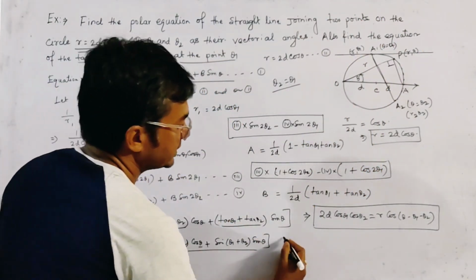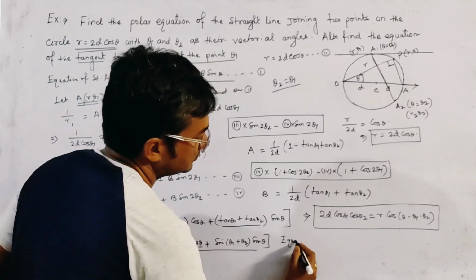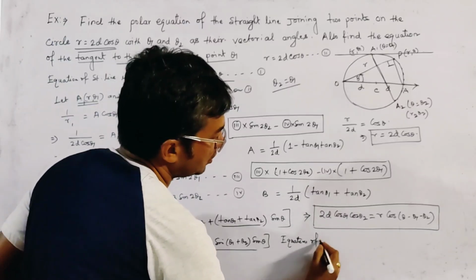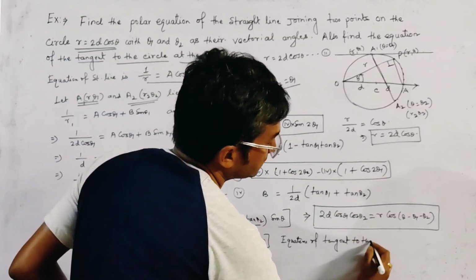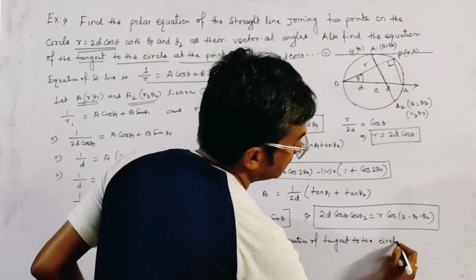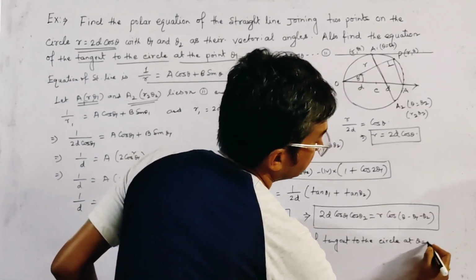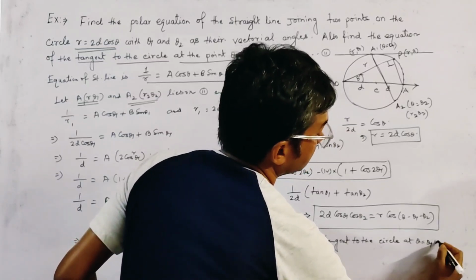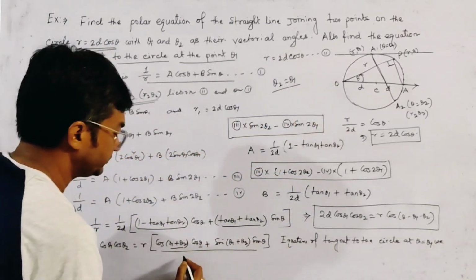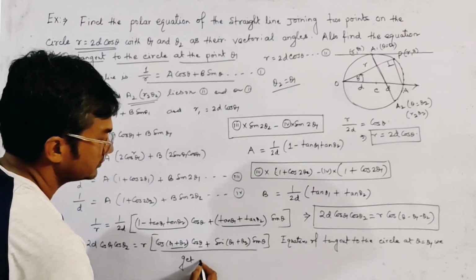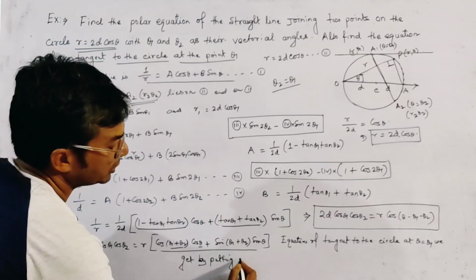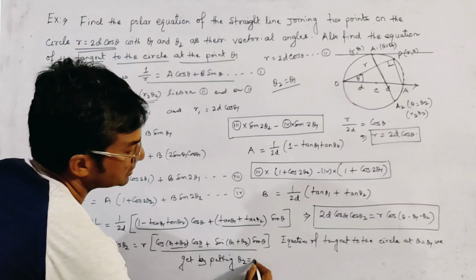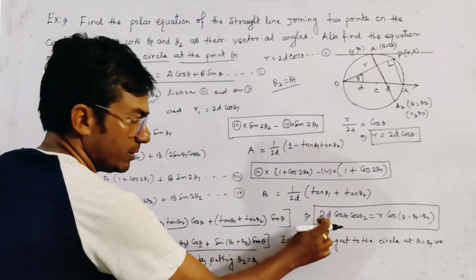The equation of the tangent to the circle at theta equal to theta 1 we get by putting theta 2 = theta 1 in our relation.